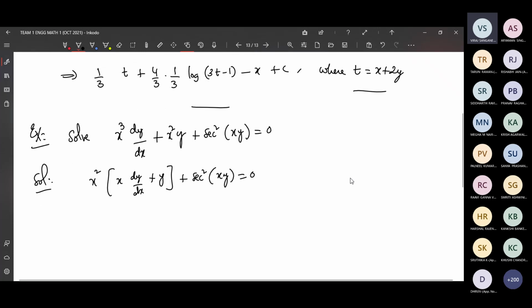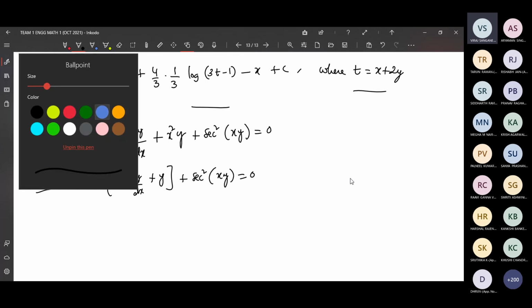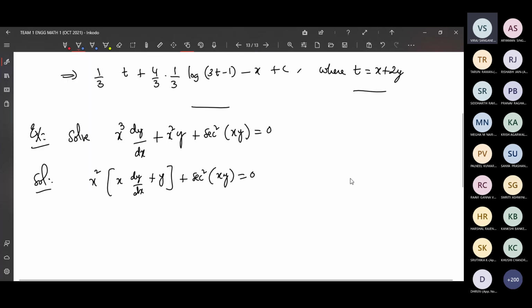If I take xy as some t, x dy by dx plus y is dt by dx, right? So put xy as t, then x into dy by dx plus y into dx by dx, that is 1, equal to dt by dx. So this inner quantity is dt by dx.